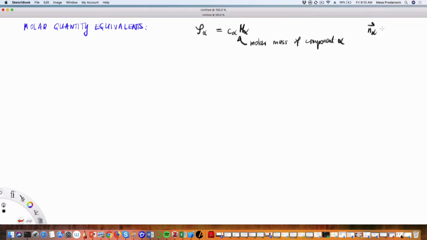So my N alpha is M alpha times the molar flux, N alpha. The mass flux, the combined one, and the uppercase we use for the molar version of it.